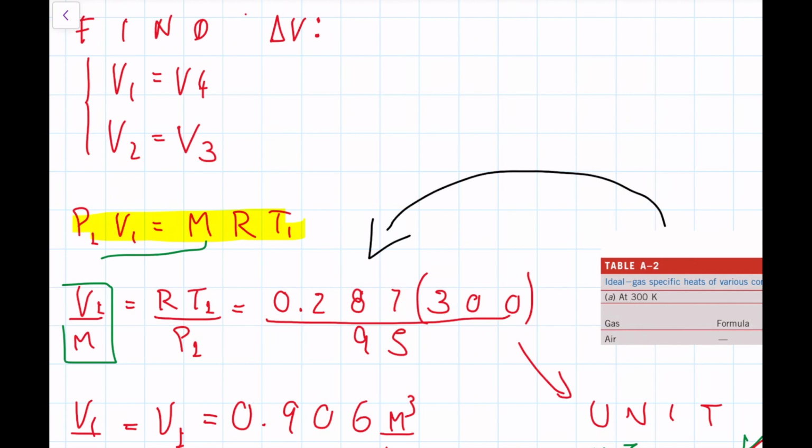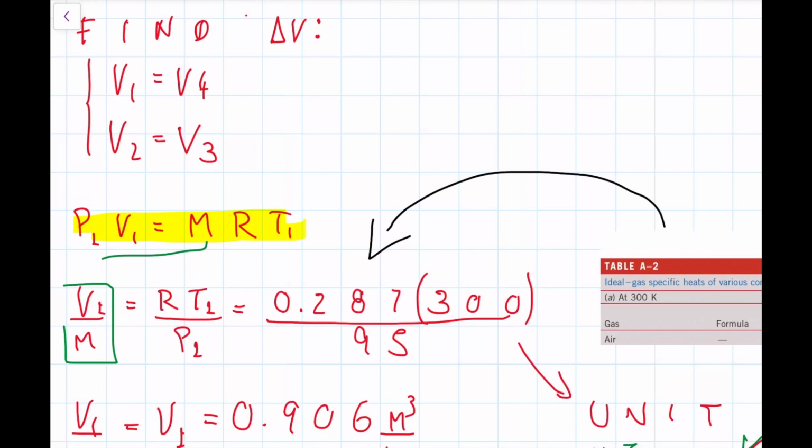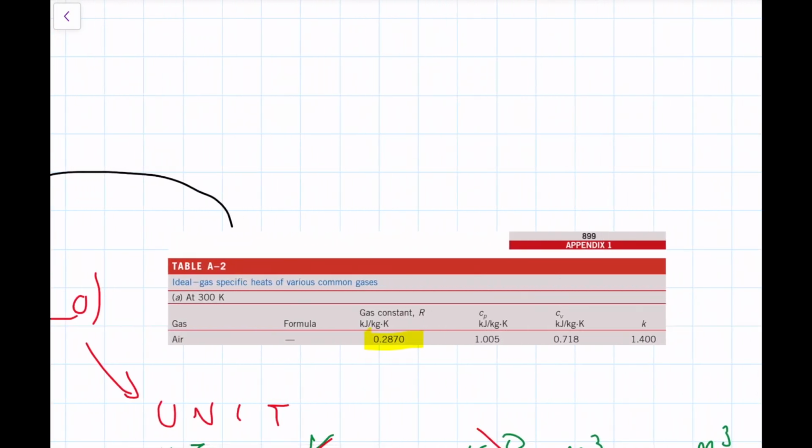It will be equal to RT1 over P1. We know everything, right? R is going to be my ideal gas constant, specifically for air. Then T1 we have, and P1 we had from the start. The R we already grabbed from the table, we did that before, right? So I just copy pasted table A2 here. That's the R for air just there.